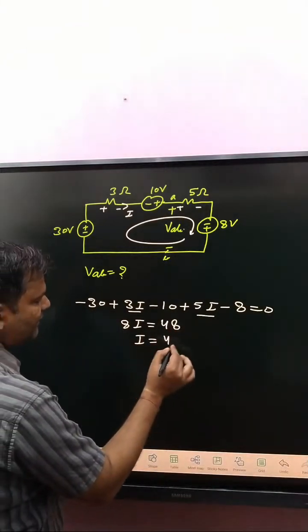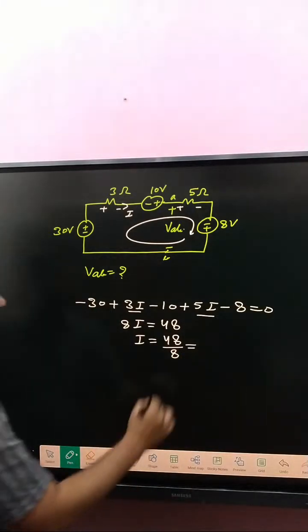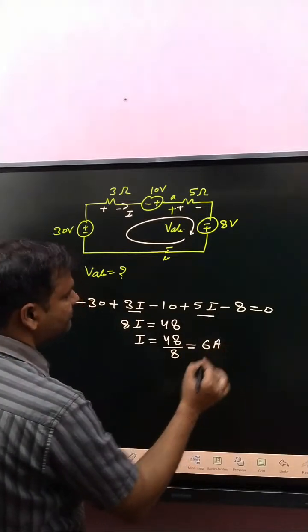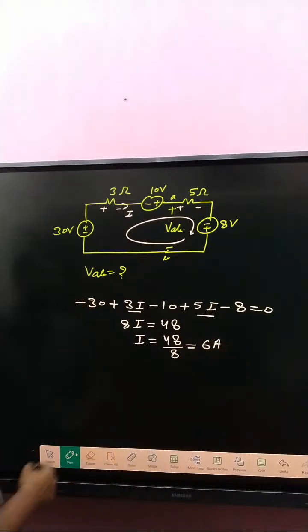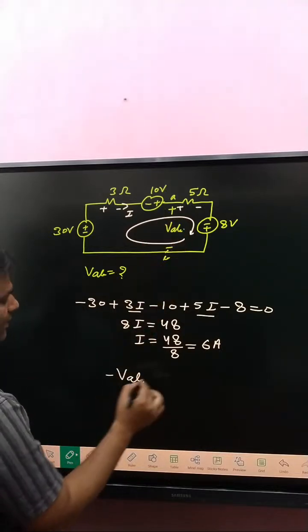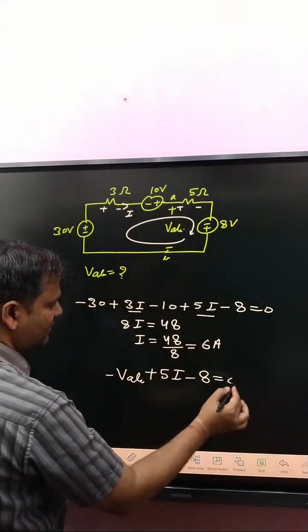So what about I? 48 divided by 8, that is how much? 6 ampere.